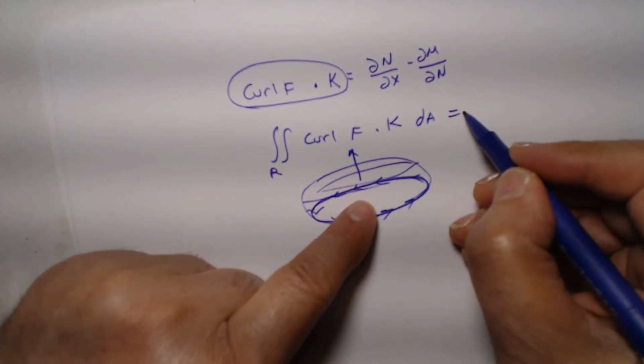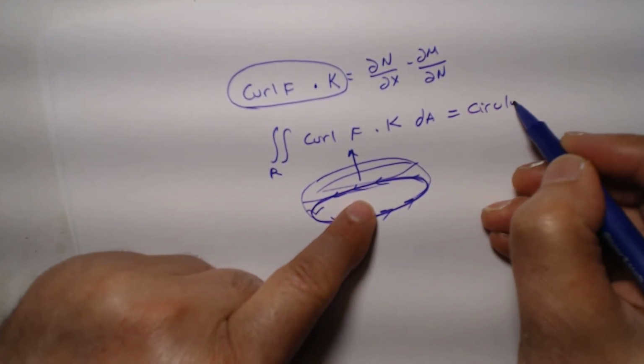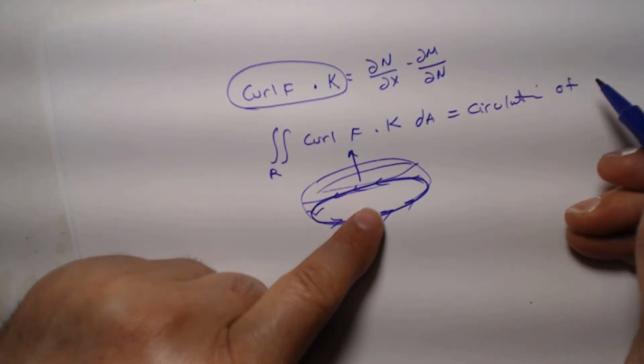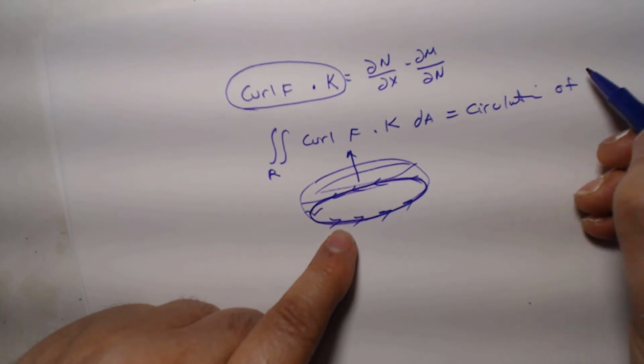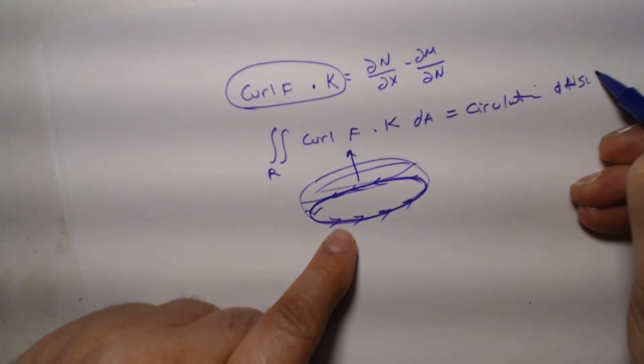Then you can find the circulation, if it's a fluid or whatever it is, inside the surface.